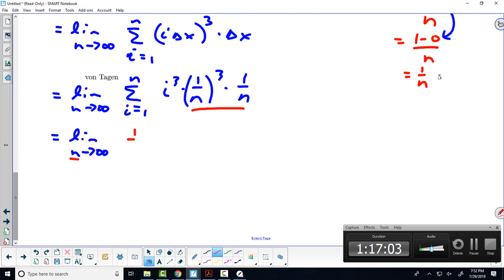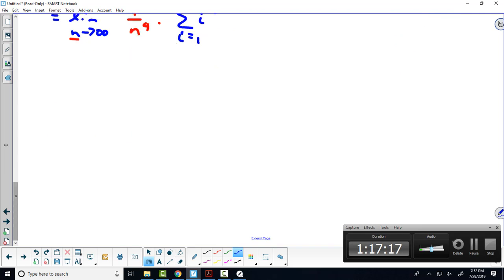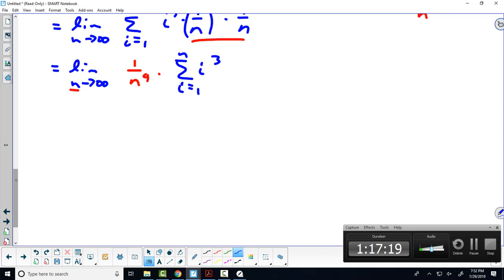So I can write this as 1 over n to the 4th times the sum from i equals 1 to n of i cubed. And basically the secret of being successful with these infinite Riemann sums is breaking them down to these little formulas that we already have rules for. We're kind of passing the buck because we didn't prove those little rules.